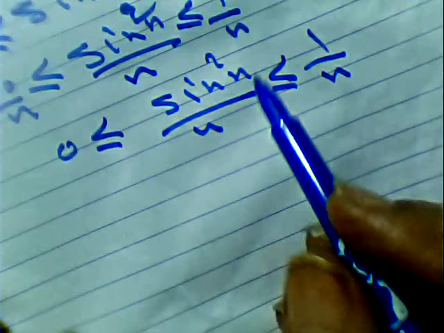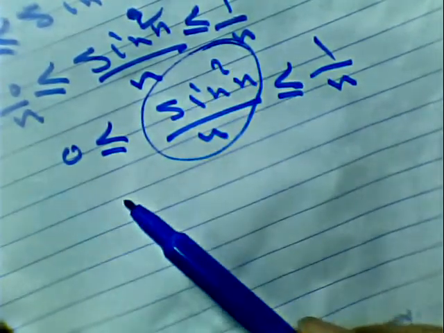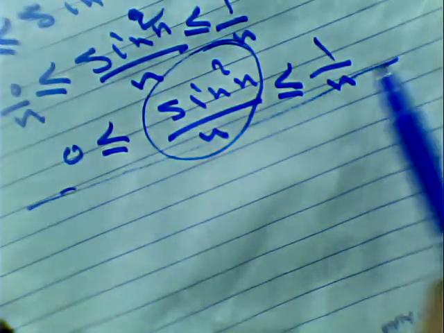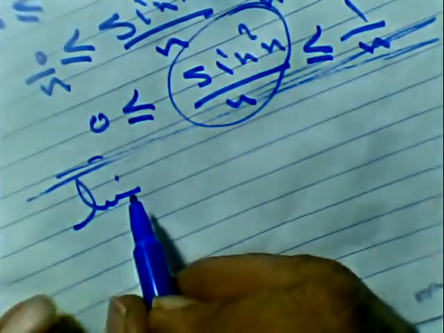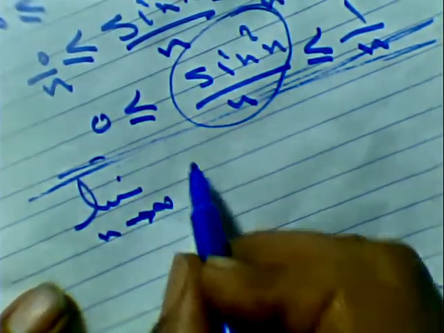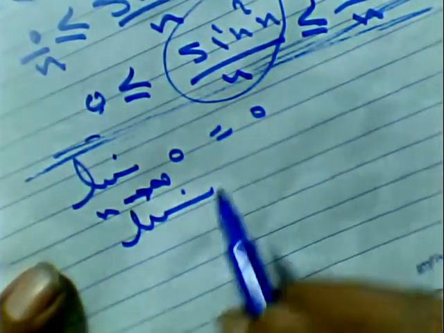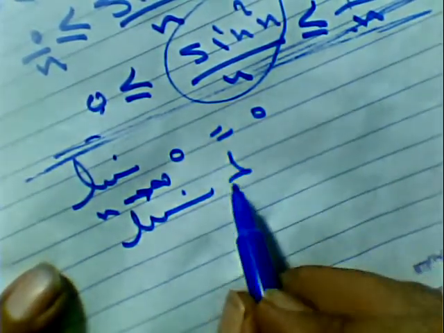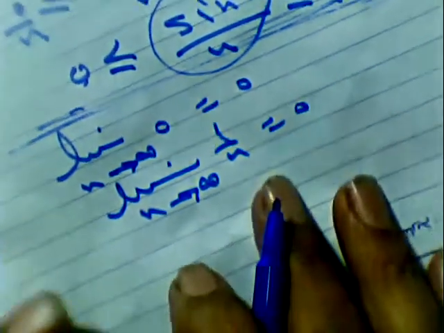That means we can take the limit on all sides. The limit as n goes to infinity of 0 equals 0. The limit of 1 over n as n goes to infinity equals 0.